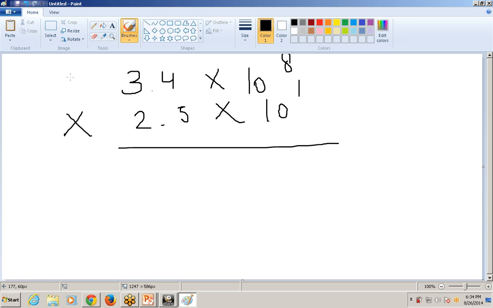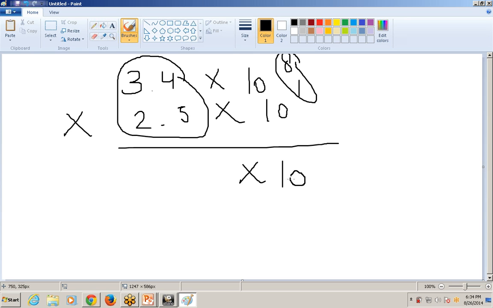First of all, multiply the mantissa part and add the exponent part. So this is 10 power 9, because 8 plus 1 is 9.